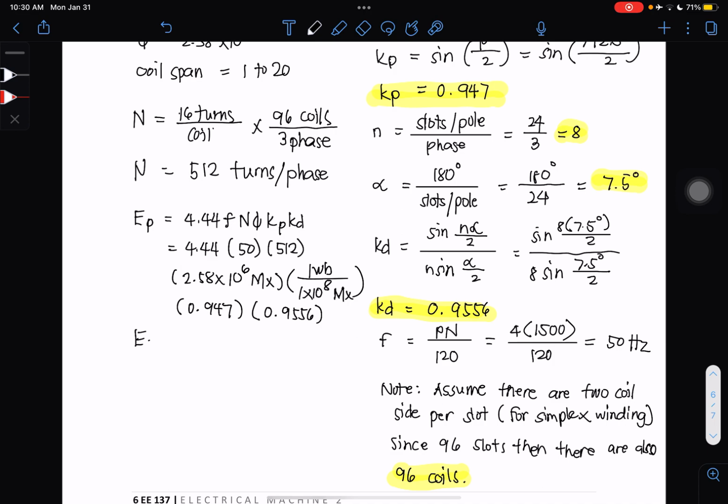So our EP will be 2,653.8 volts. So take note, this is per phase.